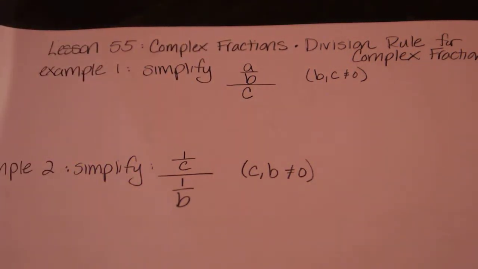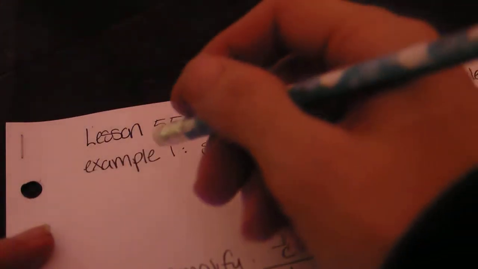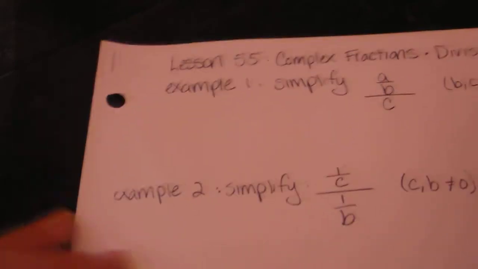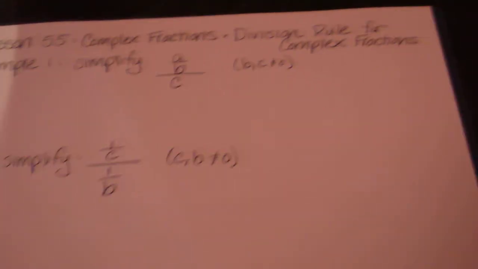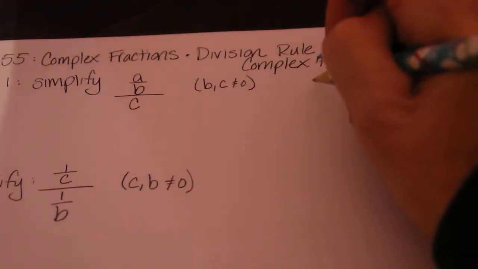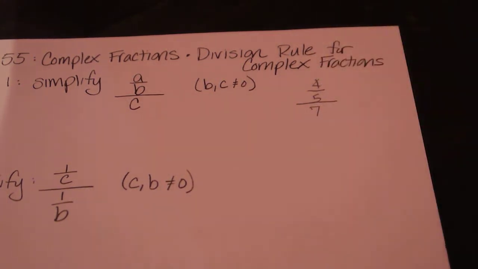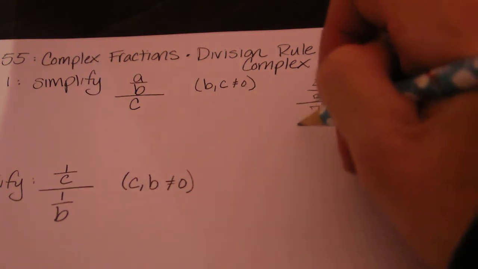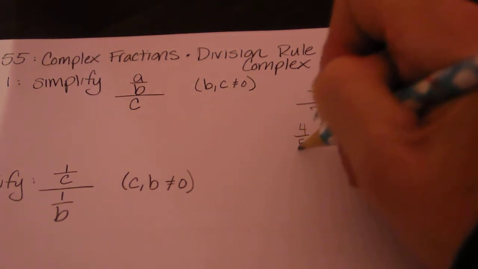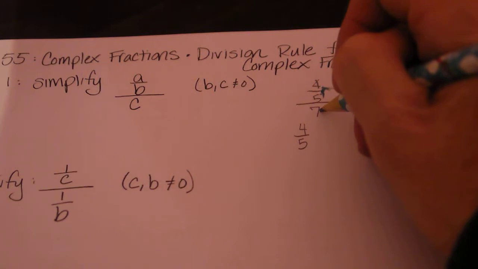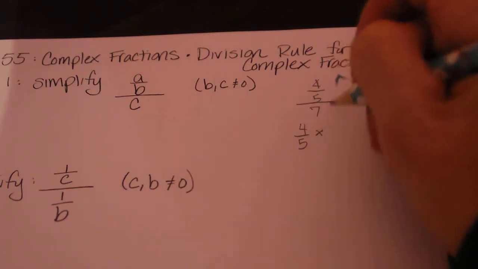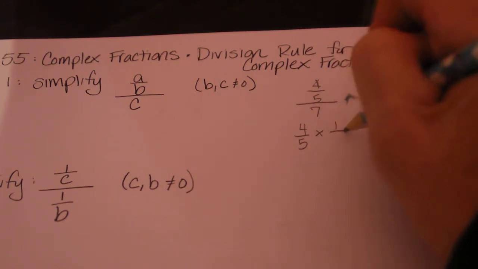Let's recall, when we divide fractions, we multiply by the reciprocal. I'll just give you a quick example over here. You don't need to write this down. If you had 4/5 over 7, we would take that apart and do 4/5, instead of divided by 7 over 1, we would multiply it by 1/7.